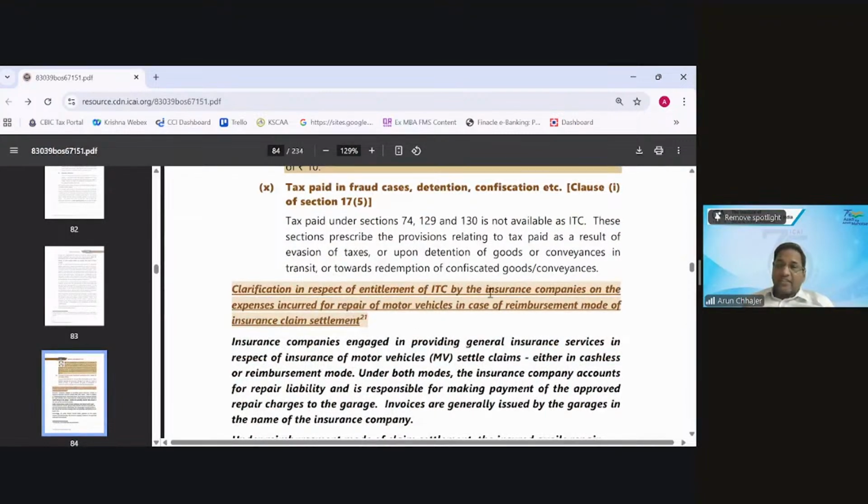Third clarification was with respect to insurance company. But first, in the last class we will do the complete practical discussion.